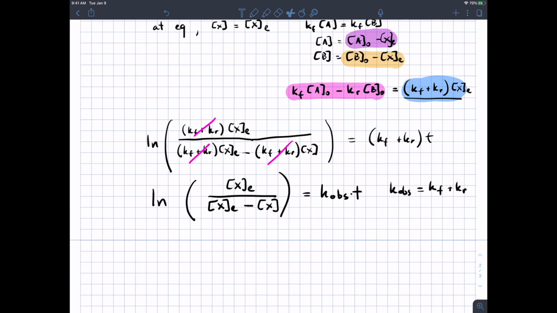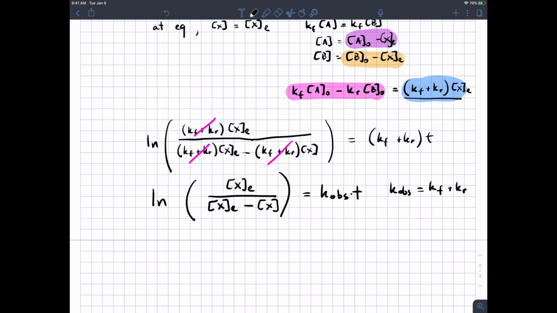So that's a general observation that you can make. Go ahead, Austin. So we're treating the concentration of X as essentially a constant here, even though we don't know what it is. We can measure it at equilibrium. We'll know that if we compare concentrations of A and B at equilibrium with the starting concentrations we had. And then just concentration of X with no subscript, that's our main variable.